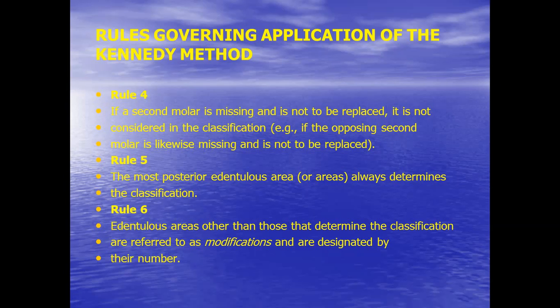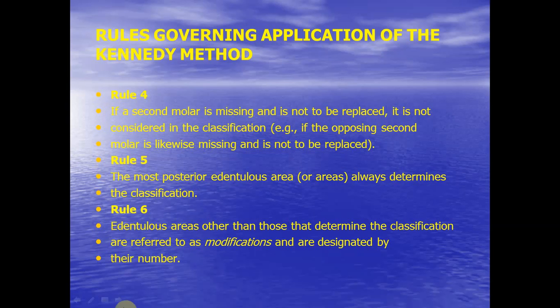So then the next rule is that the most posterior edentulous area or areas always determines the classification. In other words, if we have a combination of defects in front and in back, we look for the defect in back, and it will determine the class of the classification. We'll just call the others subdivision or modification.